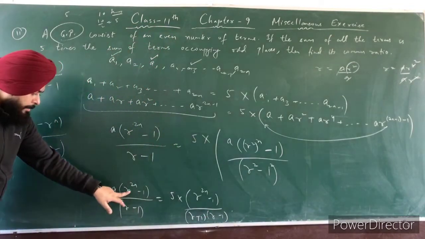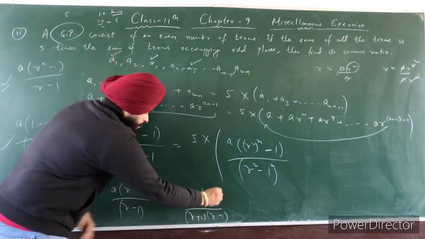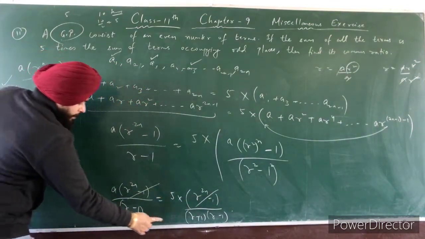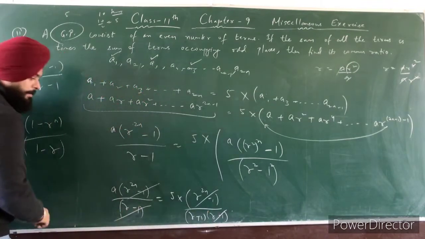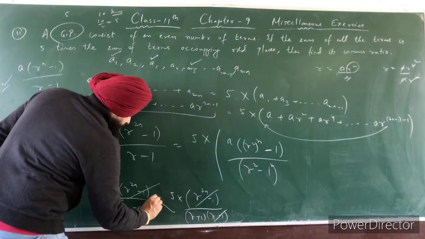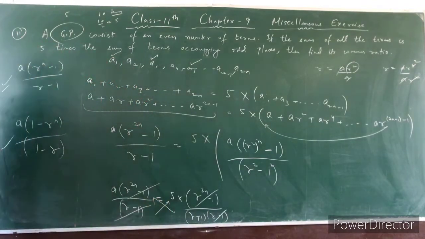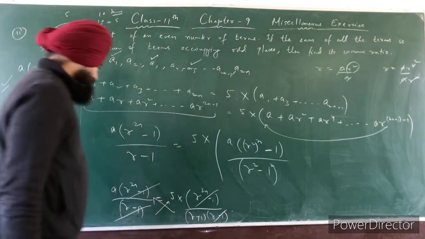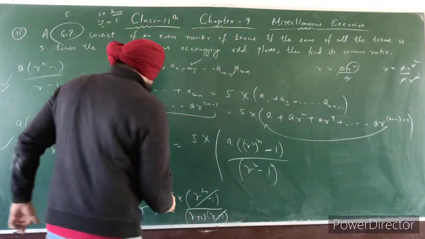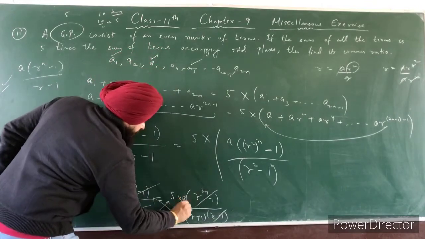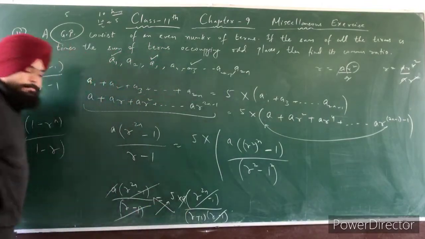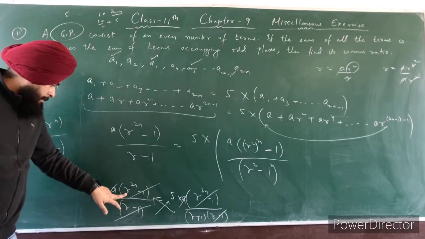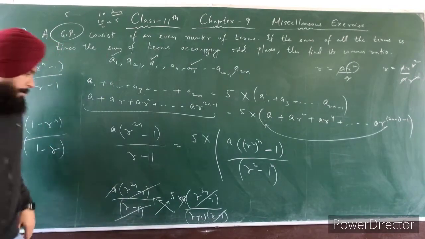You can see r to the power 2n minus 1 cancels, and r minus 1 cancels. Now we have to cross multiply. A is again cancelled. So what is left here? Only 1.